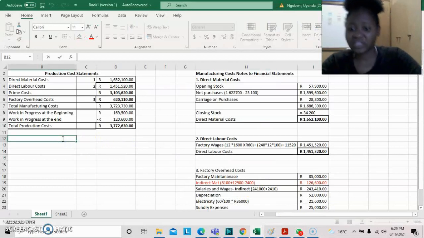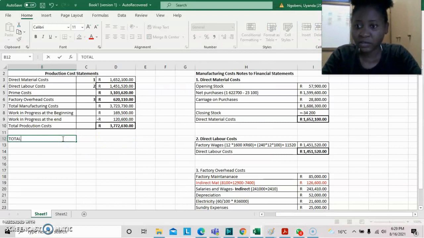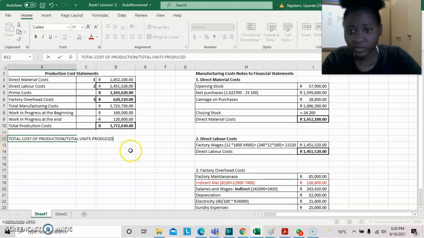So obviously how we work it out, we say total cost of production divided by total units produced. Right. So this is our formula basically.